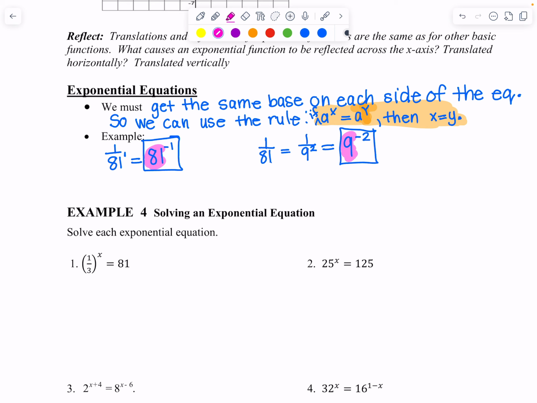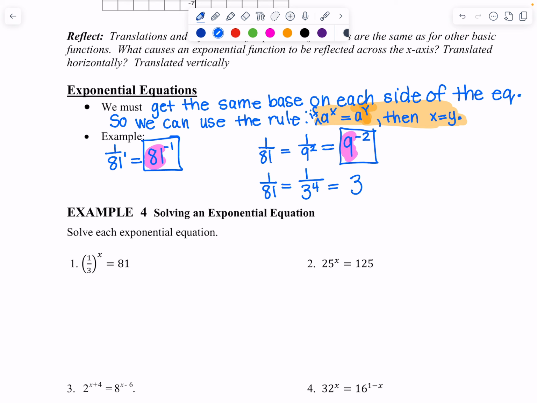Now, what if I want to break this down one more time? 1 over 81. Another way I can get 81 is 3 to the 4th power. So I can write it as 1 over 3 to the 4th. That's another way to write 81, right? But if I'm looking for a base and I don't want it to be a fraction, I can flip this and get a positive 3.